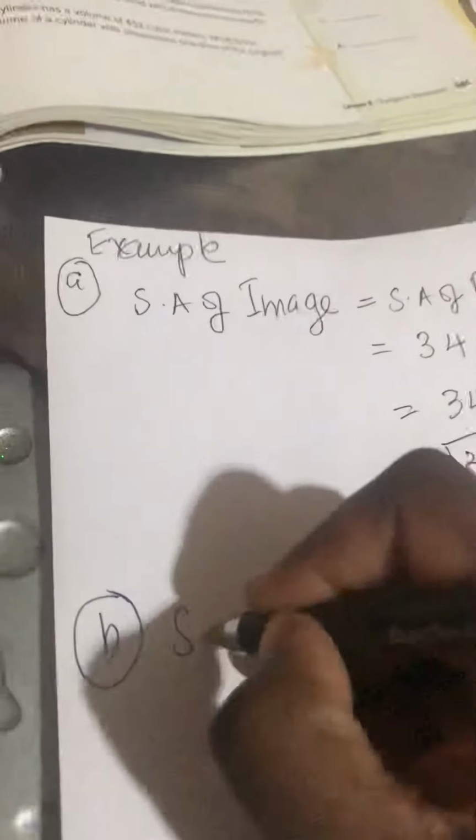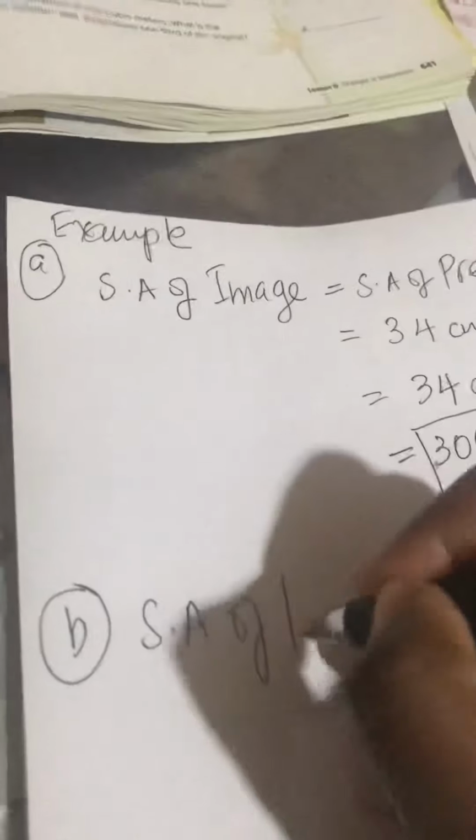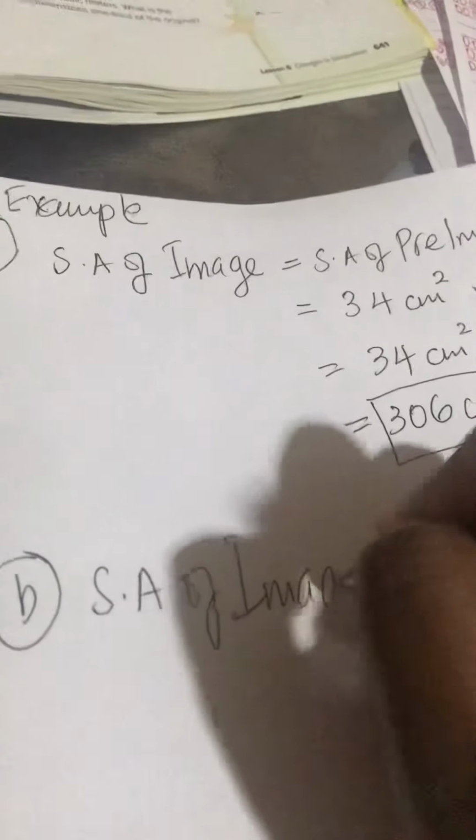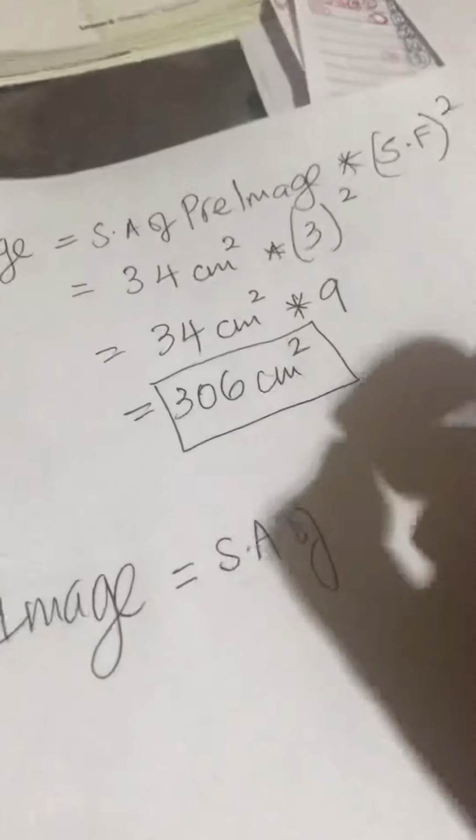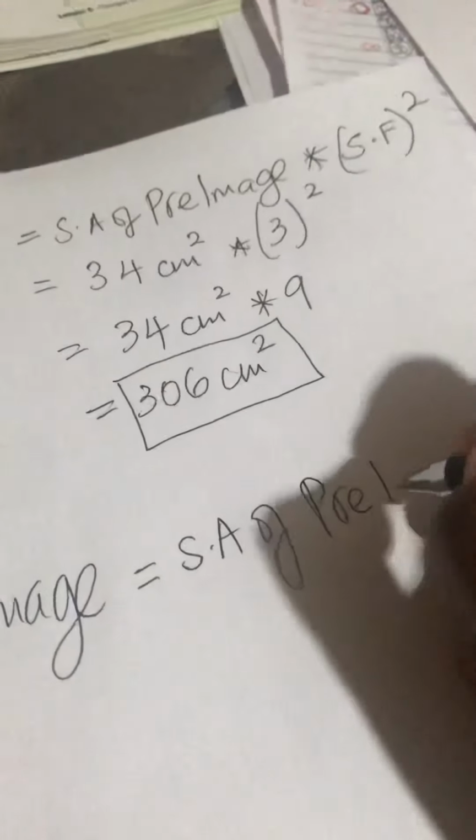I want to find the surface area of the smaller box than the giant box by a scale factor of 1 over 48. Then I will write B, surface area of image equals surface area of pre-image times the scale factor squared.